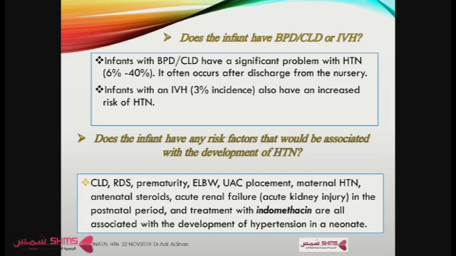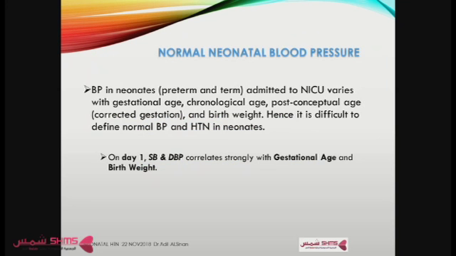So chronic lung disease, respiratory distress syndrome, prematurity, extremely low birth weight, history of umbilical artery catheter placement, maternal hypertension, antenatal steroids, acute renal failure, acute renal injury in the postnatal period, and treatment with indomethacin are associated with increased development of hypertension.